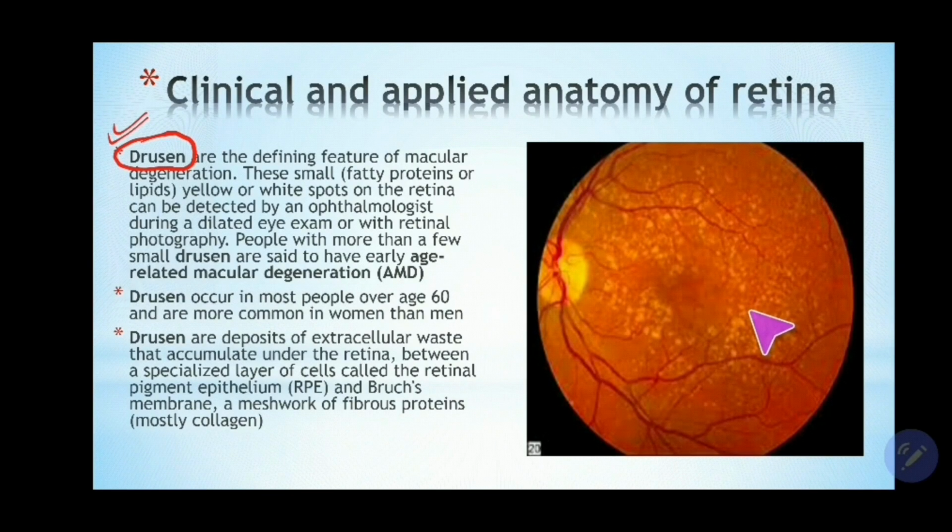And what does this suggest? This suggests that there is macular degeneration with age, and that's called AMD, age related macular degeneration. Okay, just give it a reading fast. Drusen are the defining feature of macular degeneration, right?